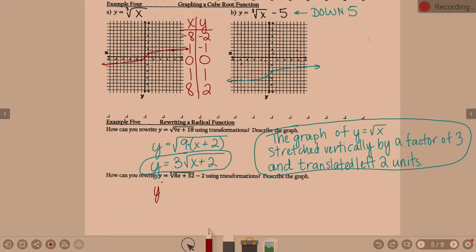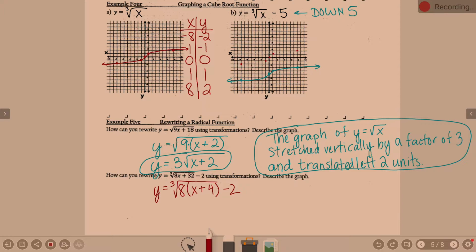Y equals the cube root of, and underneath there I'm going to factor out the 8. When I divide both of those pieces by 8, what am I left with? Should be an x plus 4. 8x divided by 8 is x. 32 divided by 8 is 4.